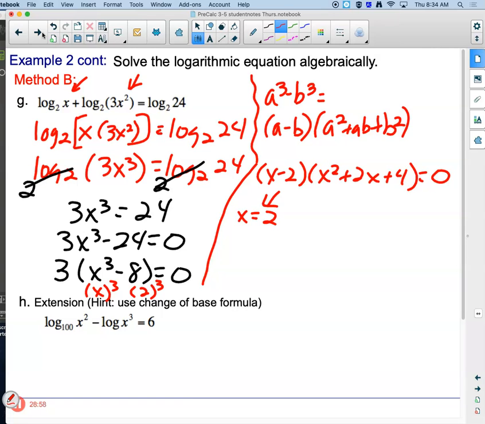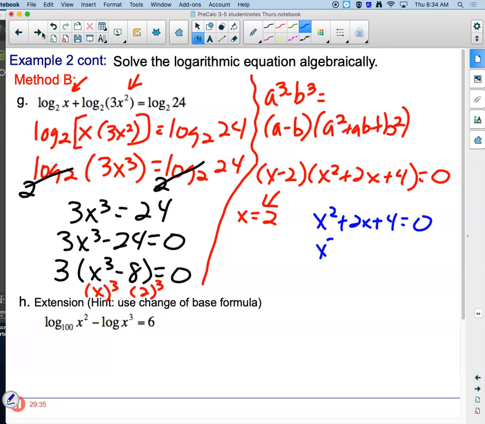But again, thinking about the fact that this was quadratic when we started means we can't just say, hey, I don't care about those other 2 solutions that I have over here. So I have to figure out how to get solutions out of x squared plus 2x plus 4. Well, what we would have to do is say, hey, is that factorable? Maybe that's a perfect square trinomial. Well, this is x squared, this is 2 squared, but 2 times x doubled is 4x, so that's not going to work.